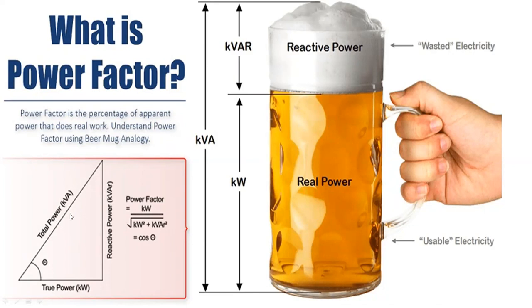That's exactly what we have. So power factor is equal to kilowatt divided by the square root of kilowatt square plus kVAR square, which is nothing but what we call cos phi. So reactive power is wasted electricity and the usable electricity is only the kilowatt. So that is what we usually understand as the power factor.